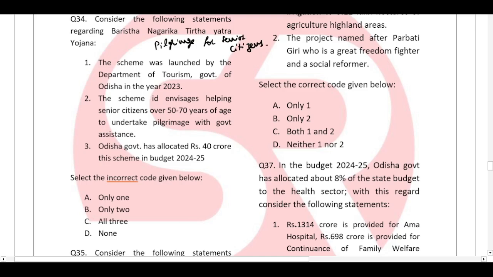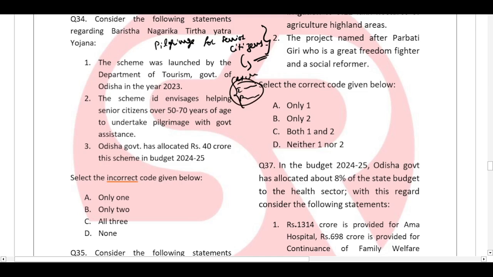If senior citizens want to visit some pilgrimage centers selected by the state government, the government would fund their travel and make certain arrangements. Under this scheme, a few people were excluded, like the income tax payers and retired government employees, because all these people are financially well off. So they are not to be included.